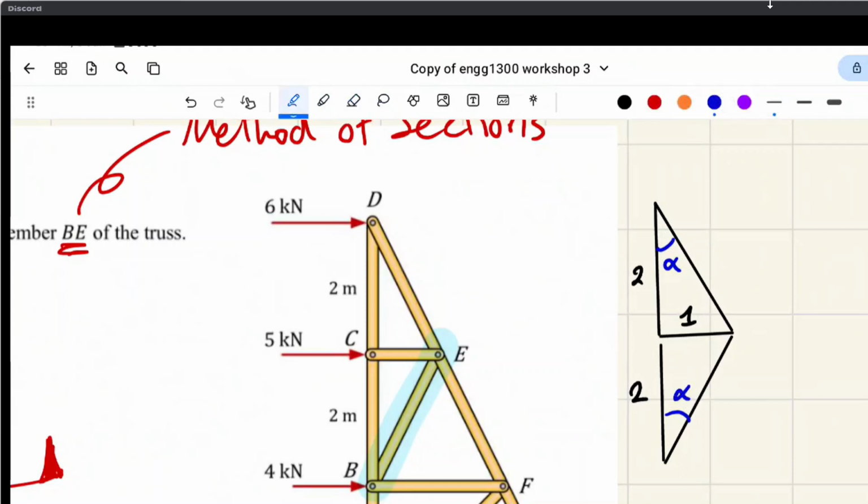And so when we're finding the perpendicular distance to this imaginary point, pretty much, because we were interested in this member, BE, and the line of action extends past there.